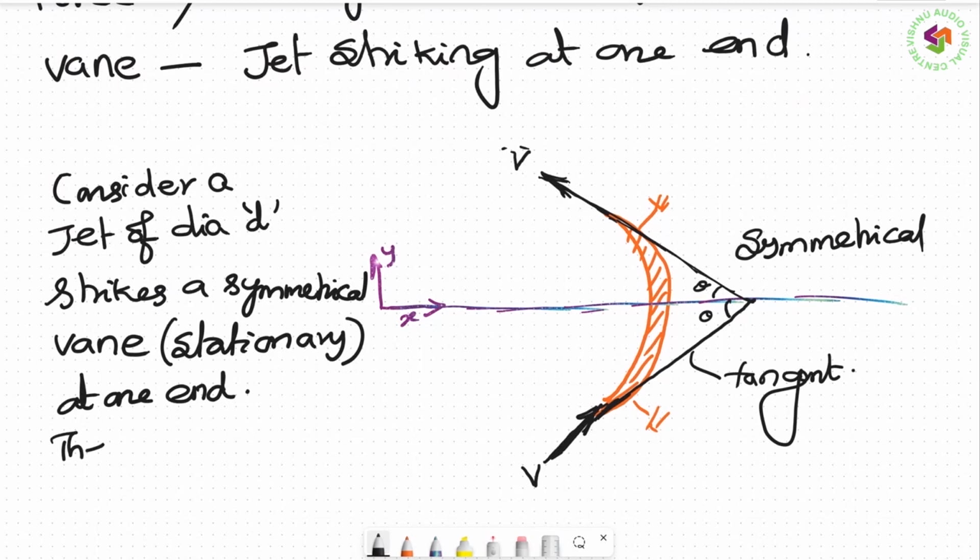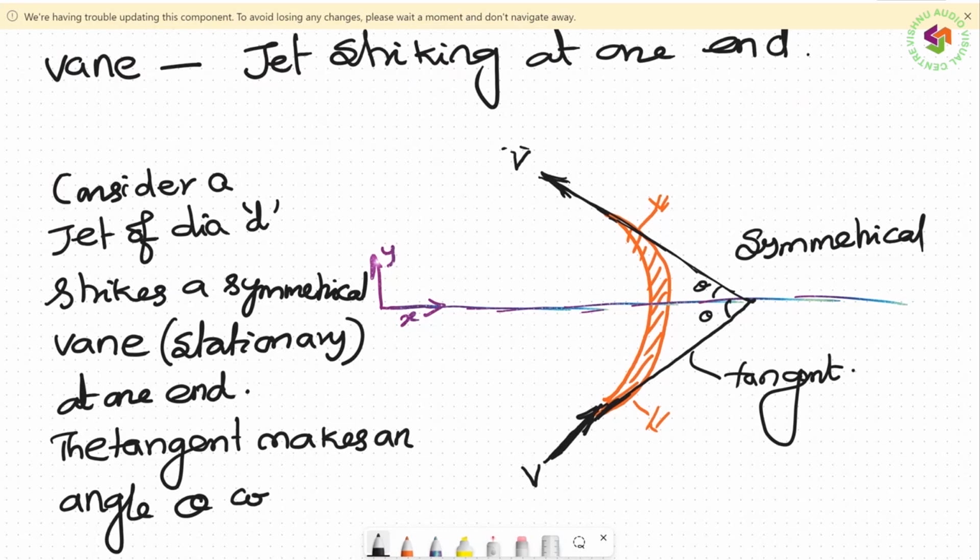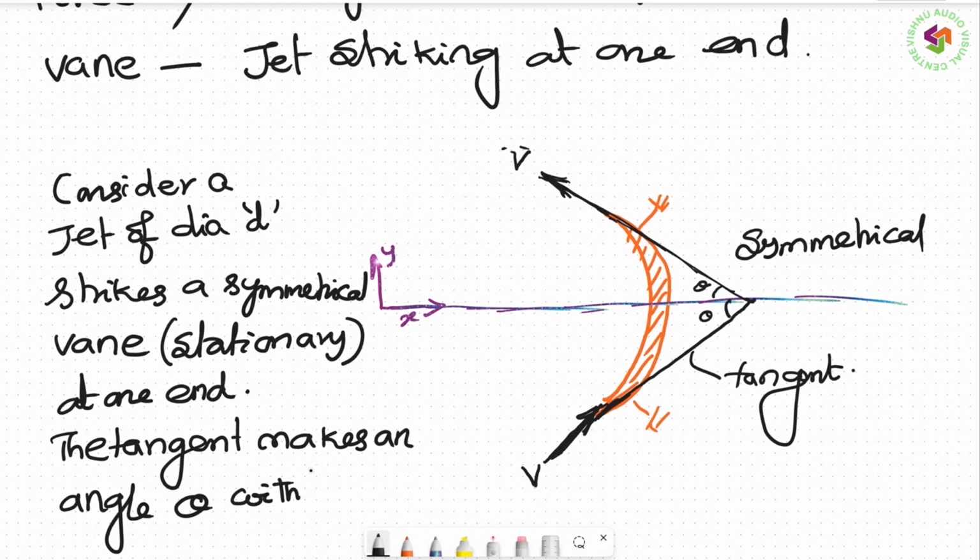The tangent makes an angle theta with the x direction.